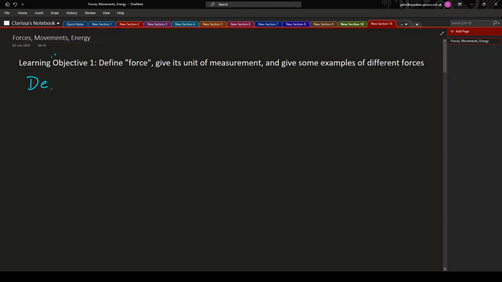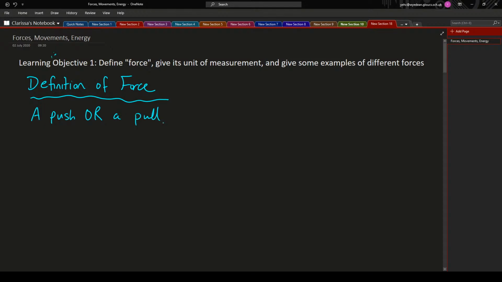So just to start off with, the definition of what a force is. Now, the definition of a force, it is really, really vague. You're going to look at it and think, well, that covers pretty much a lot of things. And that is true, because with forces, it's nothing specific. There are specific forces underneath this, but in general, a force is a push or a pull.